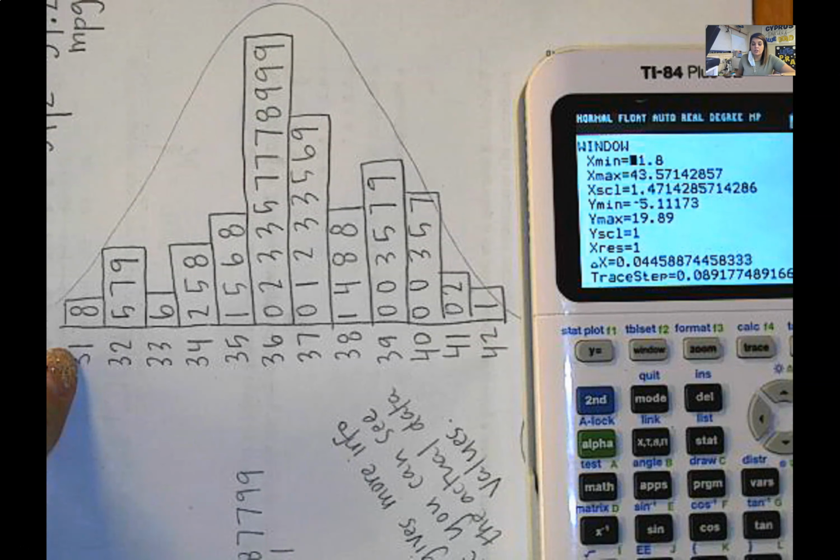You would call the shape of this data symmetric, meaning the left-hand side looks similar to the right-hand side. There's no gaps in the data, there's no skew. So this is one of the advantages to a stem plot: you can see the shape of the data and you can see the values of the data.